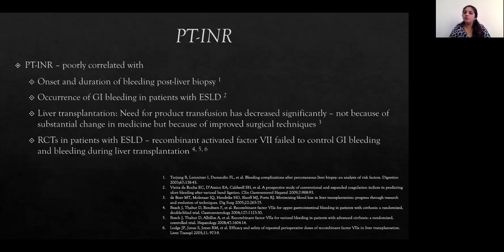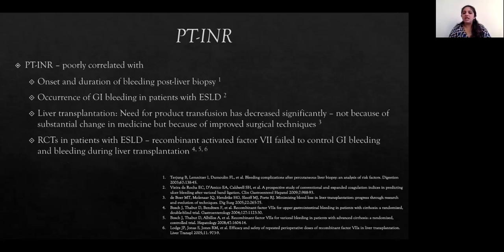PT-INR is poorly correlated with bleeding post-liver biopsy. It is poorly correlated with any sort of GI bleeding in end-stage liver disease. It also increases the volume given during liver transplantation, which can be really hard to manage, especially post-transplant, since these patients are already volume overloaded and they need a very fine balance in their fluid management post-transplant.